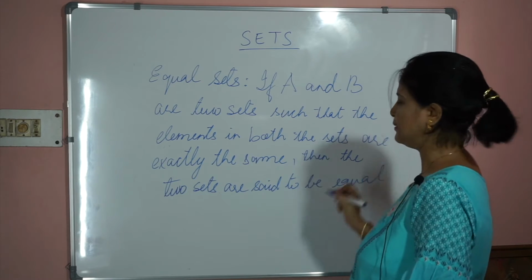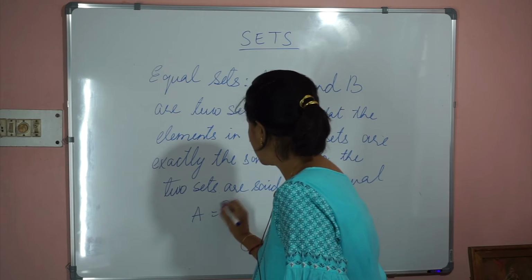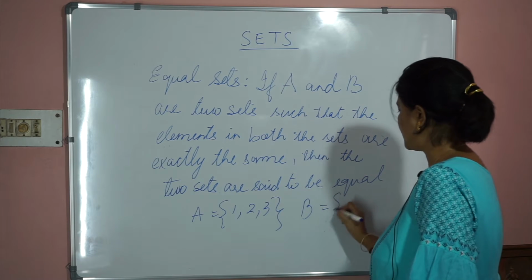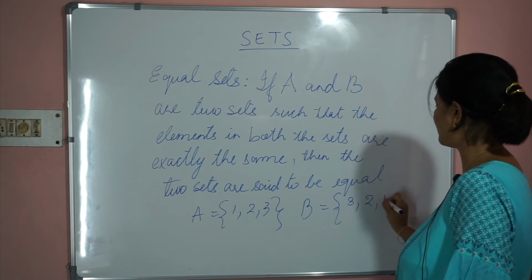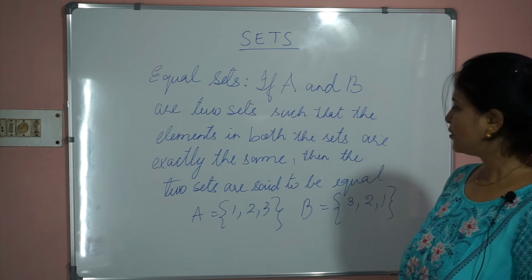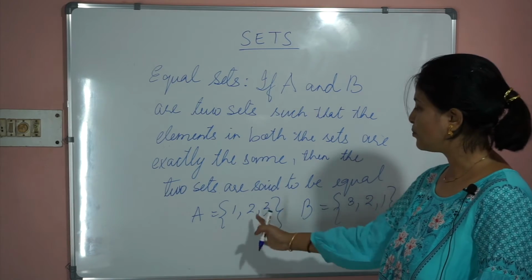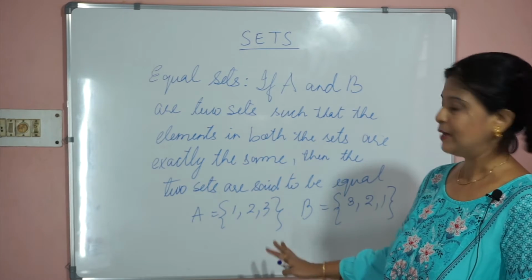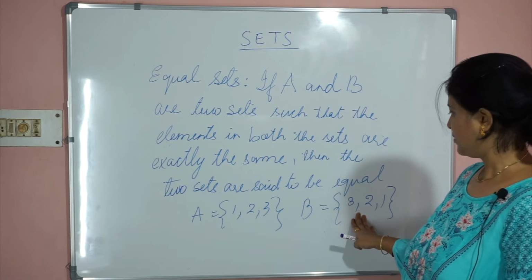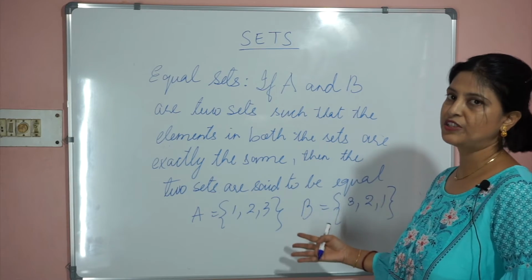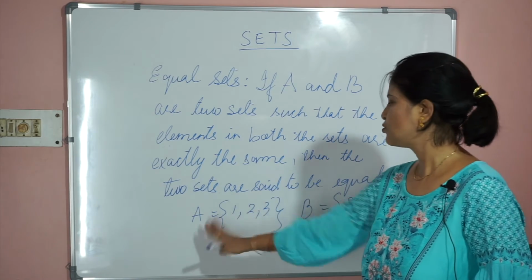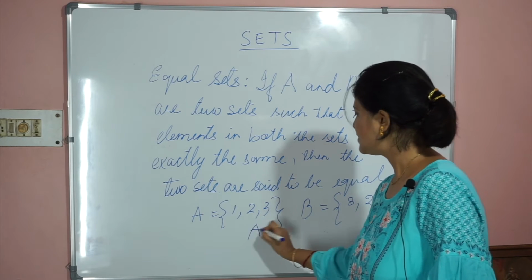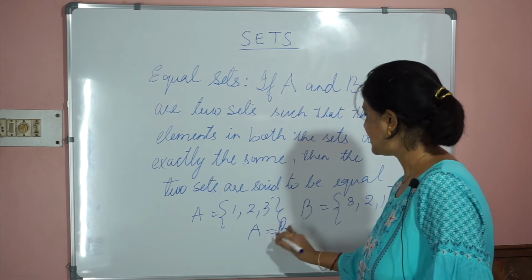Let me give you an example. Suppose A equals 1, 2, 3 and B also equals the same elements, but here I have just changed the order. Also keep in mind that the position of the elements in the set does not matter at all. If the elements are the same irrespective of their position, then the 2 sets are said to be equal. So here I say set A equal to set B.